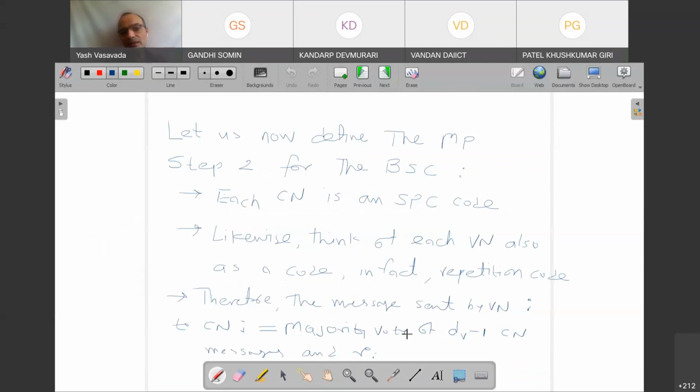So instead of writing five lines of code, the if case, then the else case, this part is just one line of code. You do just majority voting.